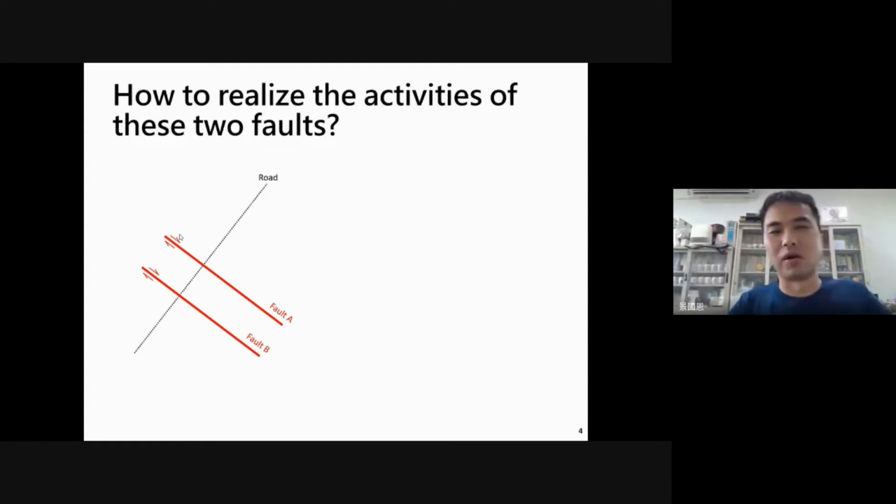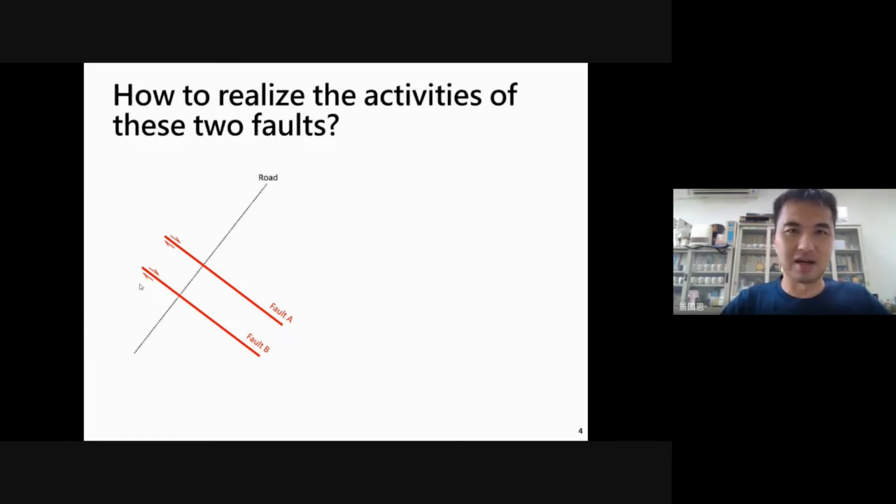However, whenever you install the GNSS sites or you use the InSAR technique, even with InSAR, we will get a lot of velocity or displacement points.